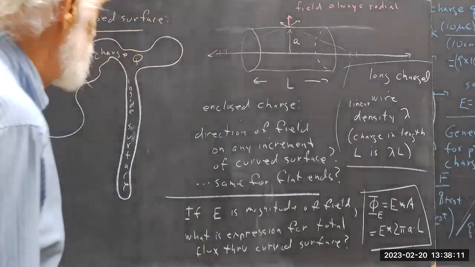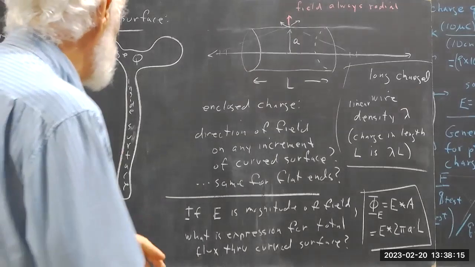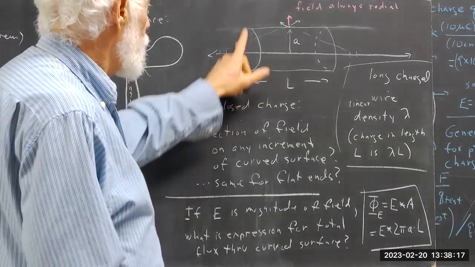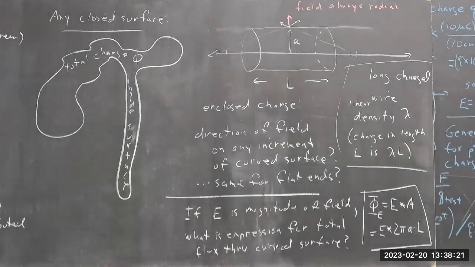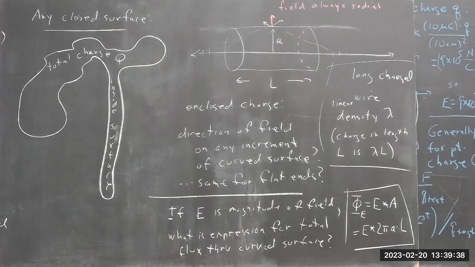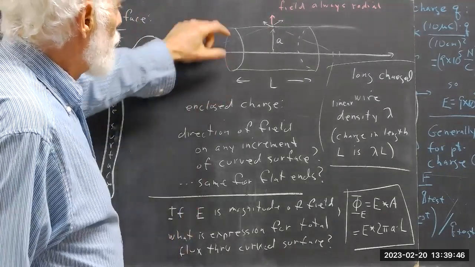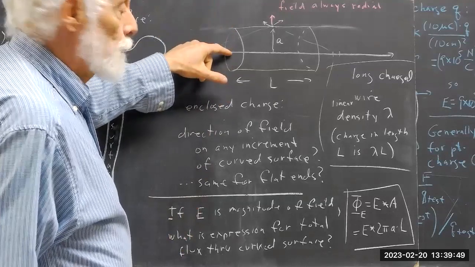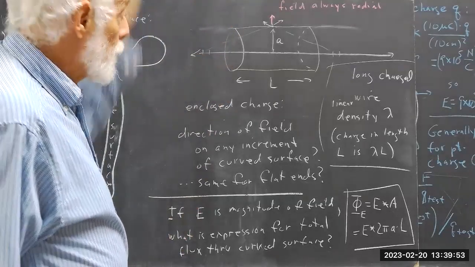Now, what's the flux through this end? Well, it'd be really a pain to have to worry about the fact that the field gets stronger as you get closer to the wire. And it does.